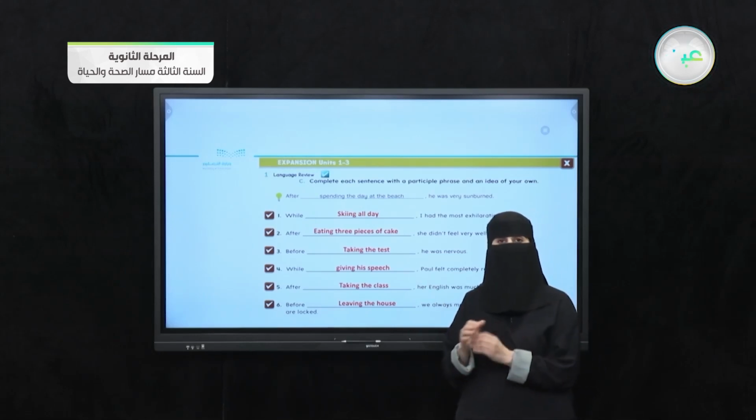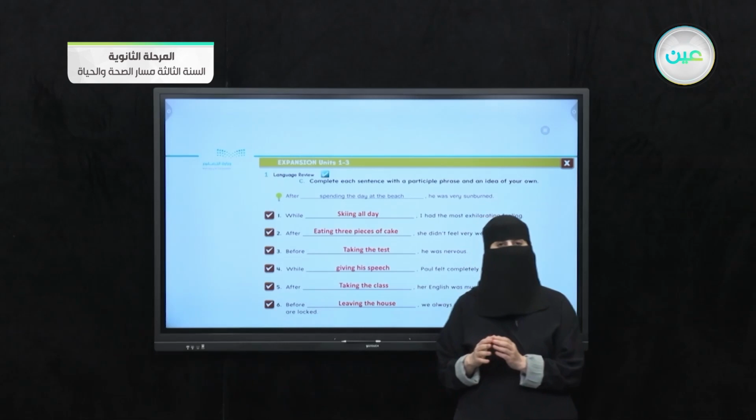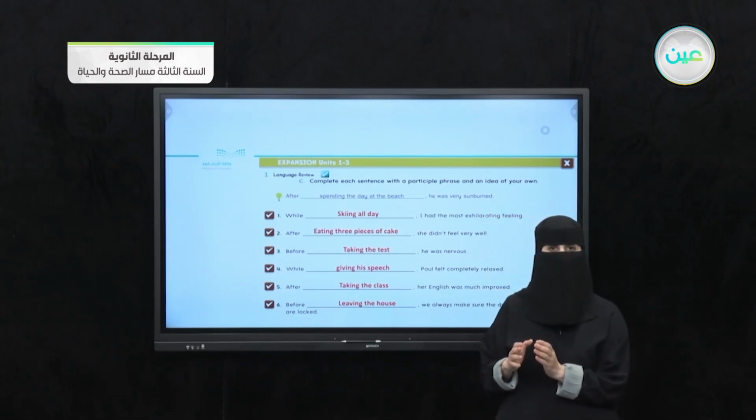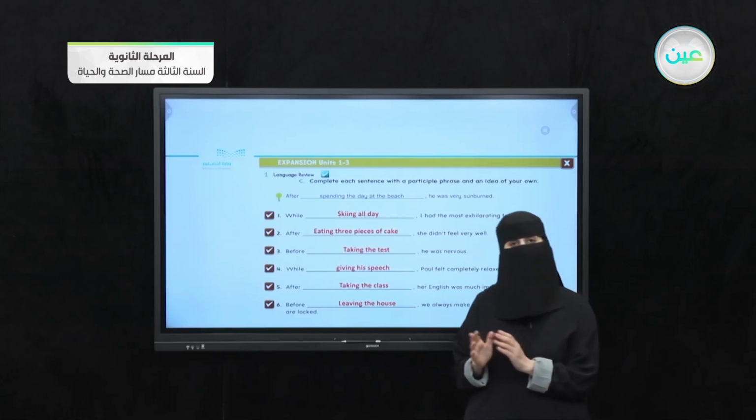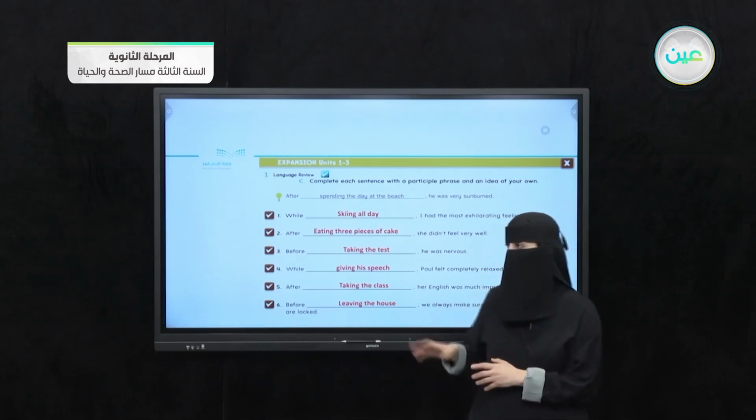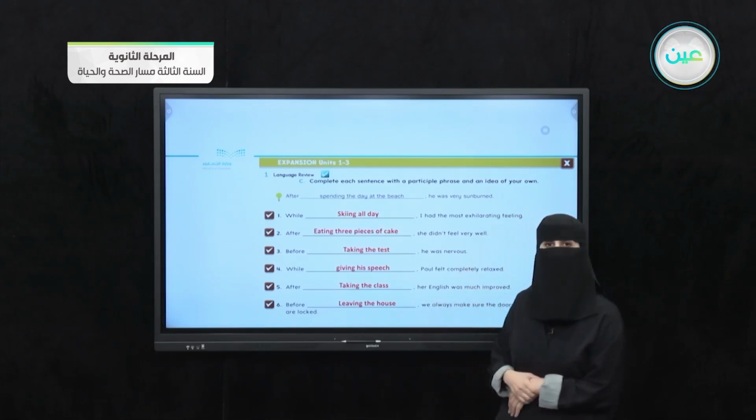The last point is how to make sentences with your own ideas, applying the reduction of adjective clauses to noun phrases.